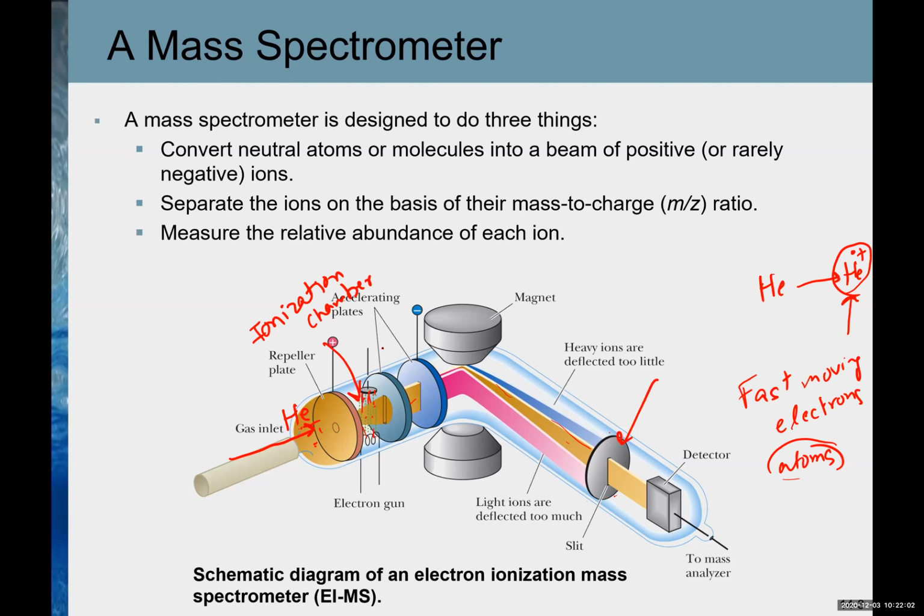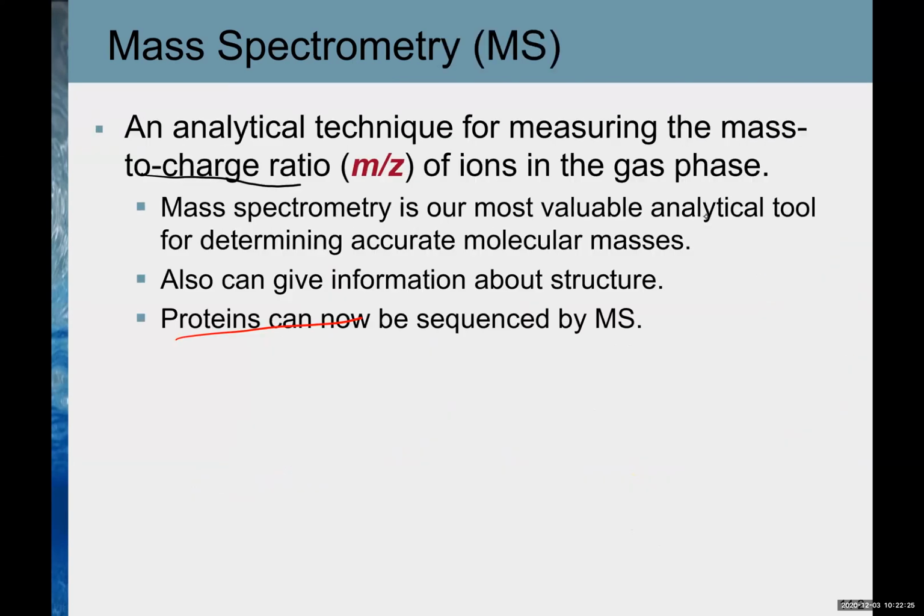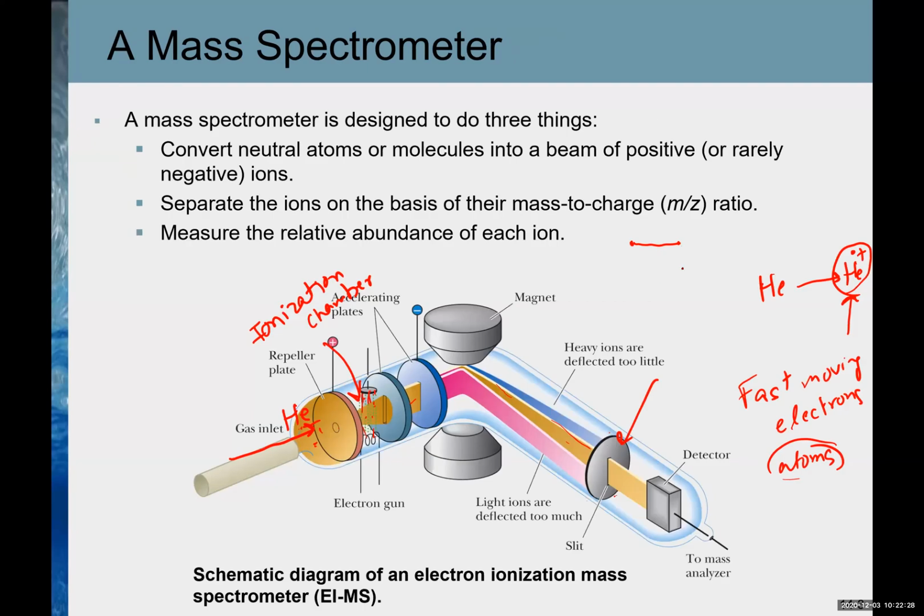You will learn later in this chapter that the energy required to break a sigma bond is about 1,000 to 1,500 kilojoules per mole.